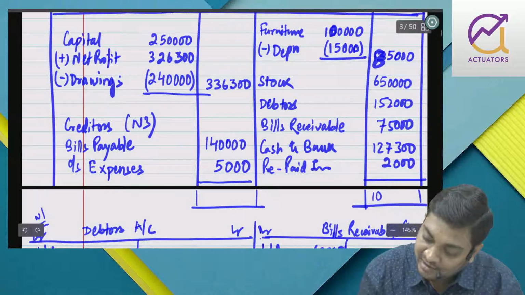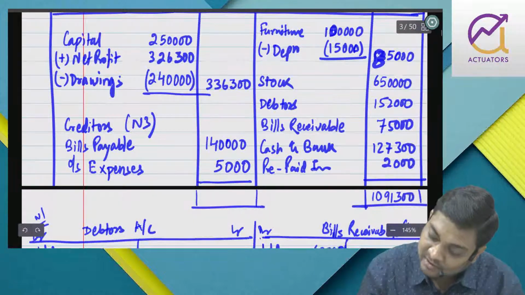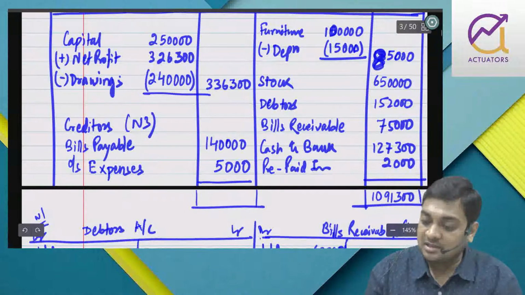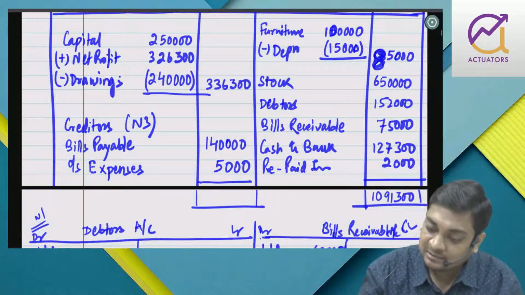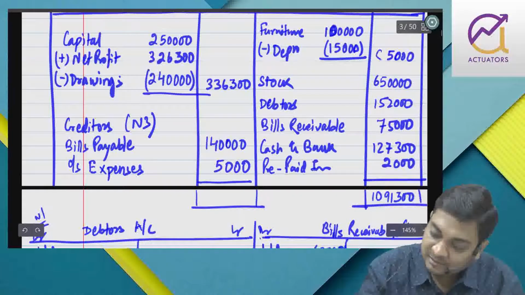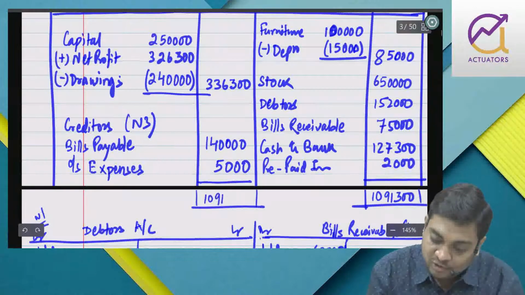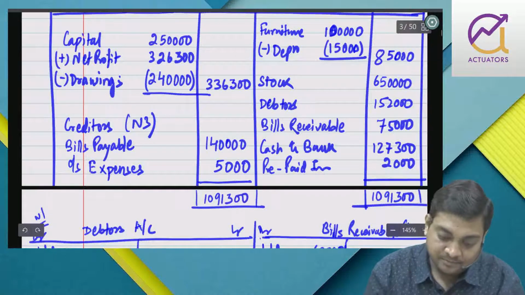So again I'm going to get 10 lakh 91,300. The cost of the asset was 1 lakh. So this liability side will also be 1091,300.